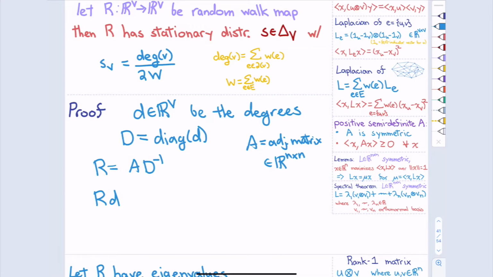There's only one eigenvector of eigenvalue 1 that is all positive, by Perron-Frobenius. So RD is equal to AD^{-1}D, right? And then what's D^{-1}D? The all ones vector. And then what's applying A to the all ones vector?